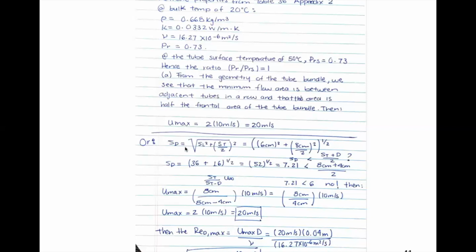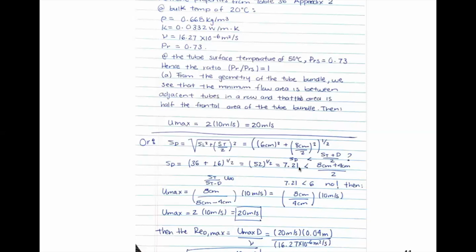So let's calculate SD. As you can see, here the equation is corrected. This little 2 is inside my square root. So longitudinal pitch, 6 centimeters squared, plus transversal pitch, 8 centimeters, divided by 2 squared, and the square root of all of that. So step by step here, I got the square root of 52. The square root of 52 is 7.21.